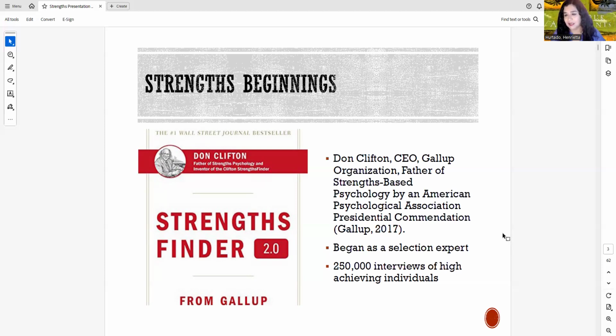Don Clifton, CEO of the Gallup organization, was considered the father of strengths-based psychology by the American Psychological Association Presidential Commendation in 2017. He began as a selection expert, and he conducted 250,000 interviews of high-achieving individuals to put together this assessment.